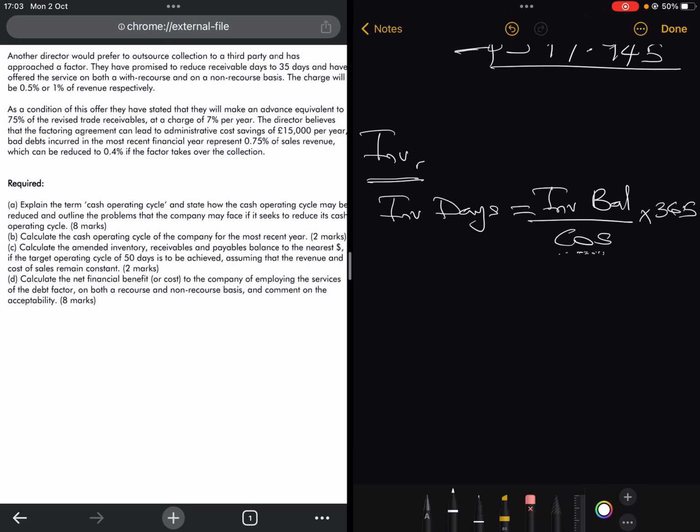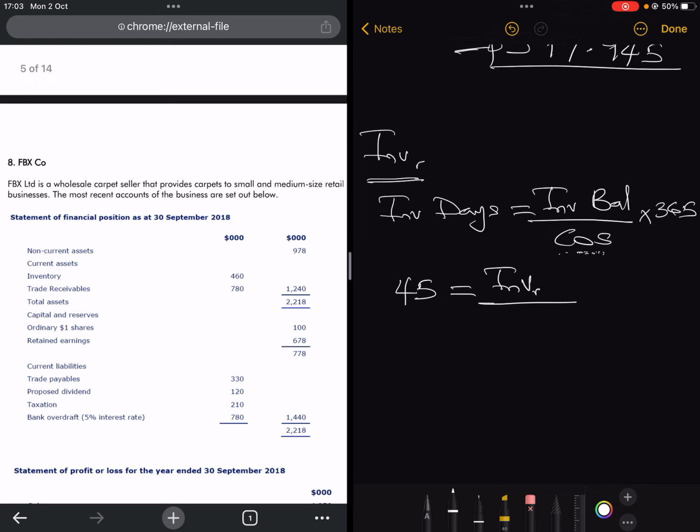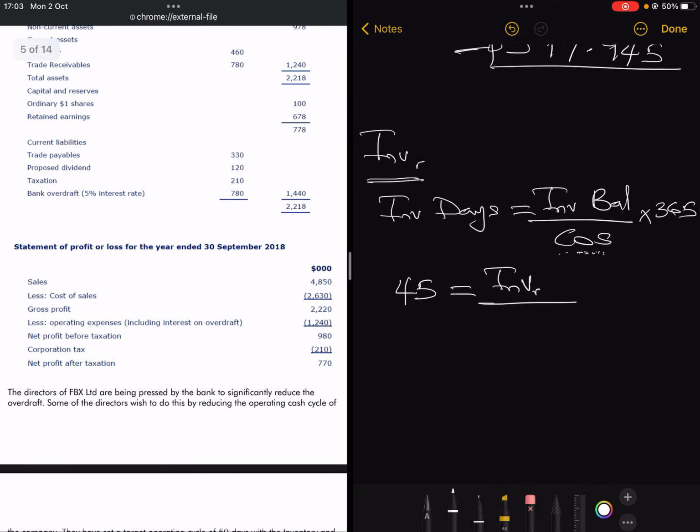So inventory days is also 45 days, which equals the inventory revised balance that we're looking for. Cost of sales has been deemed to be constant, so looking at our profit and loss account, it will remain at 2630, multiplied by 365.